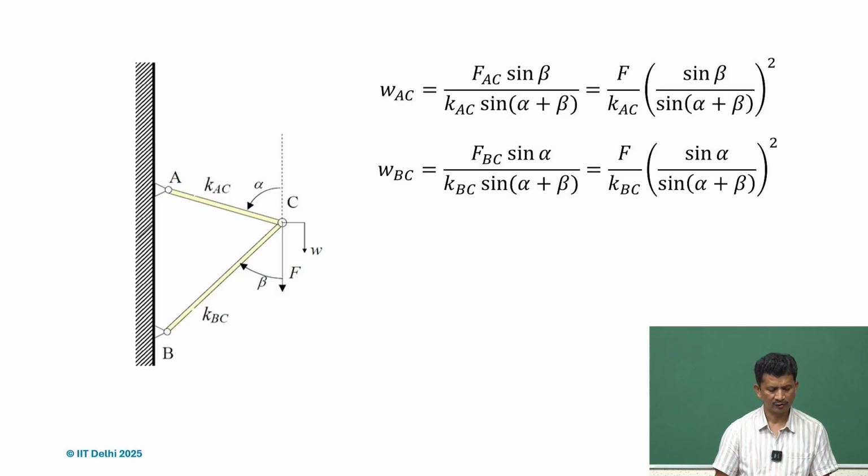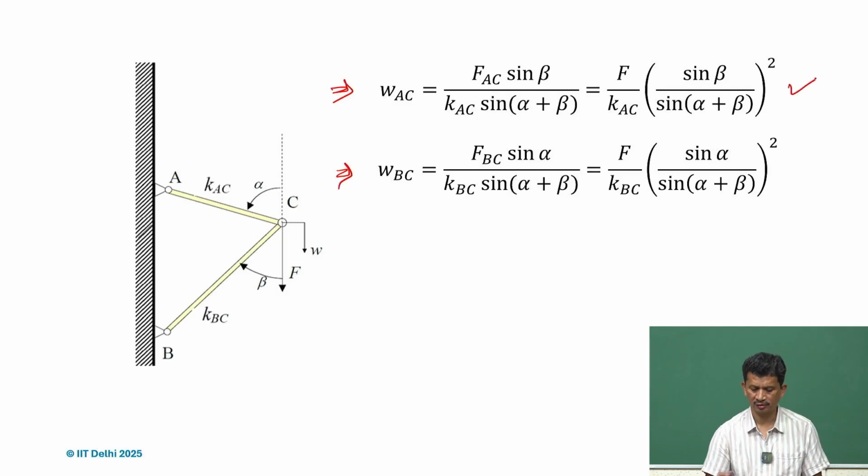So, when we summarize, these are the two deflections we just found, and they can be written in terms of F and stiffnesses KAB, KAC and KBC, and in terms of alpha and beta. So, this is the formulation.